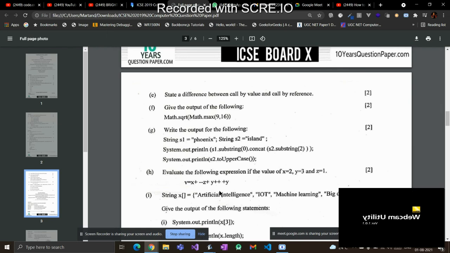So first use the value, that is 3, but it will get incremented, so that will become 4. And then it says plus y, so the changed value of y, 4, will come here. And when you solve it, you get the answer as 9. How? 2 plus 3 plus 4. So 4 plus 3 is 7, 7 plus 2 is 9.